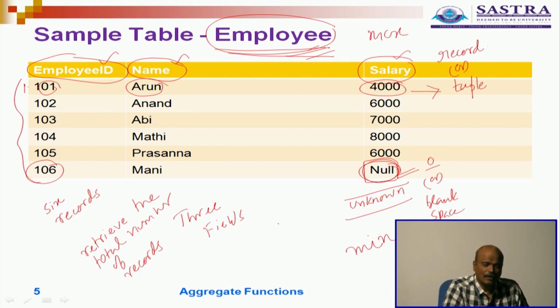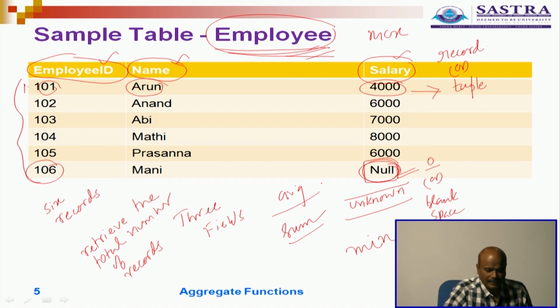And I want to count the total salary paid to all the employees. For that you can use the function called sum. And to retrieve the average salary, you can use the function called AVG. So, that is the idea behind the various aggregate functions.